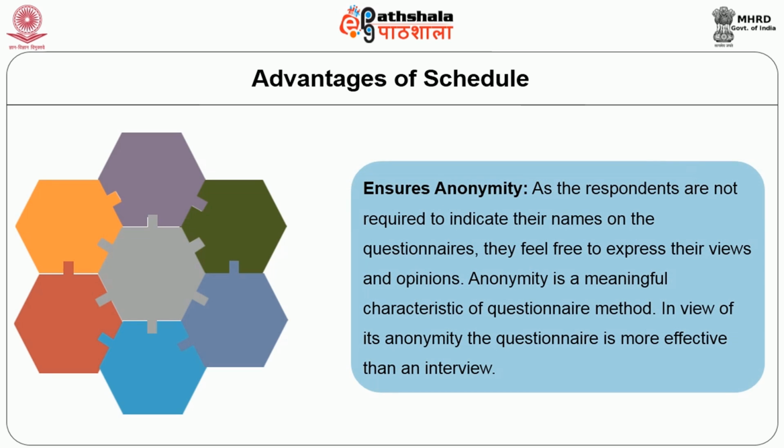Ensures anonymity. As the respondents are not required to indicate their names on the questionnaire, they feel free to express their views and opinions. Anonymity is a meaningful characteristic of the questionnaire method. In view of its anonymity, the questionnaire is more effective than an interview.